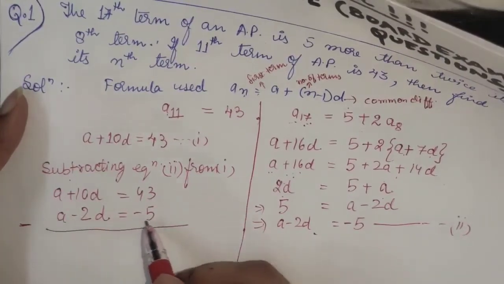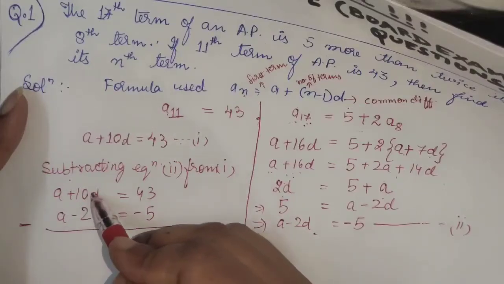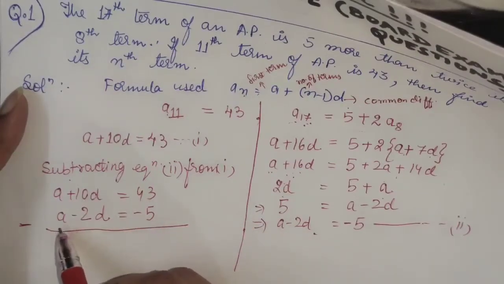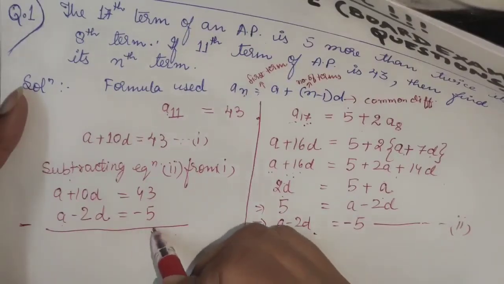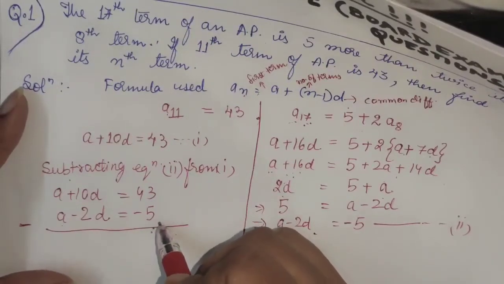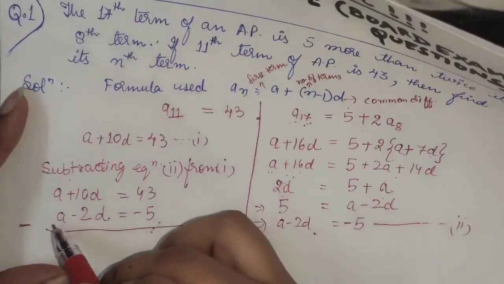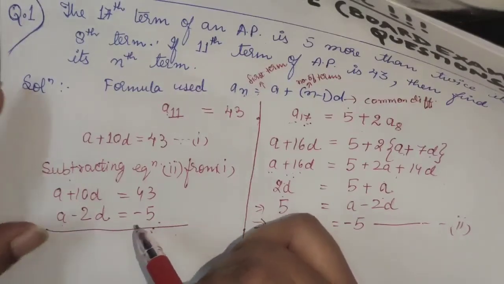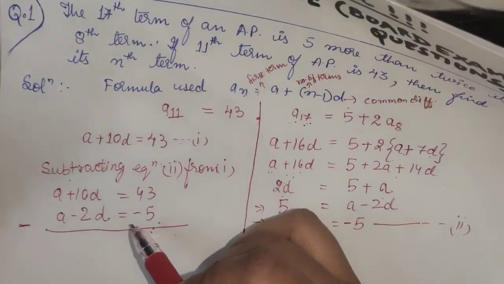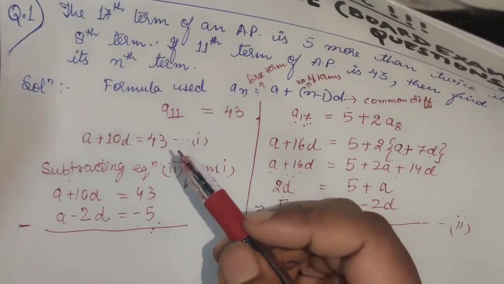Now if you subtract this equation from this, you have to change all the signs. The sign convention has already been taught in your lower classes, so I will not explain it here. I will directly change all the signs and you have to understand it automatically, or you can refer to your books also.